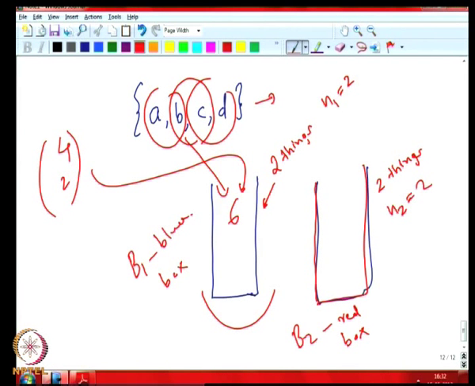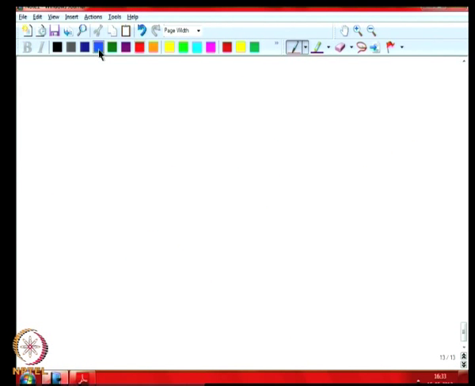But you see, suppose both the boxes were blue, that red color was not there, then those 6 possible ways are not there. Why? Because if I put AB here and CD here, I could have put CD here and AB here, and both are the same, because how will you distinguish between these 2 configurations? I am just drawing it again.